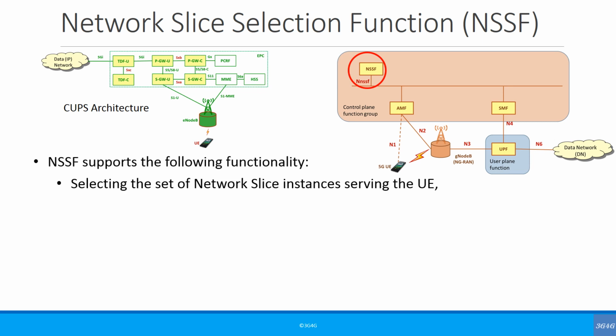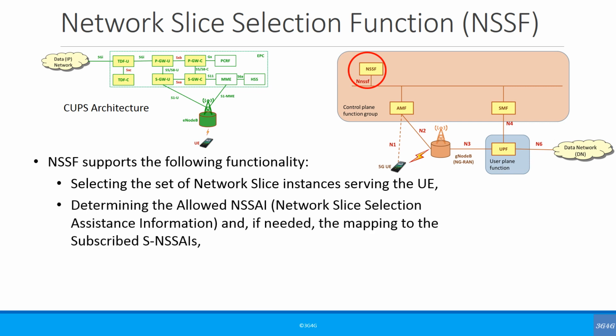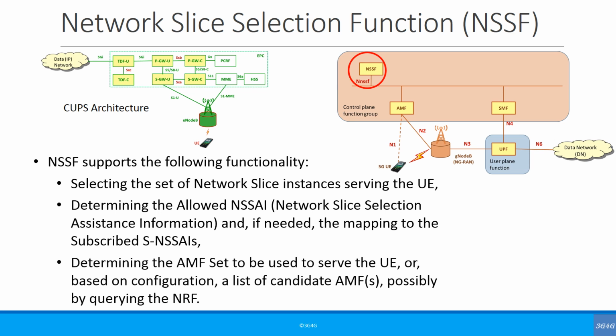Selecting the set of network slice instances serving the UE, determining the allowed NSSAI, or network slice selection assistance information, and if needed, the mapping of subscribed NSSAIs, determining the AMF set to be used to serve the UE, or based on the configuration, a list of candidate AMFs, possibly by querying the NRF.